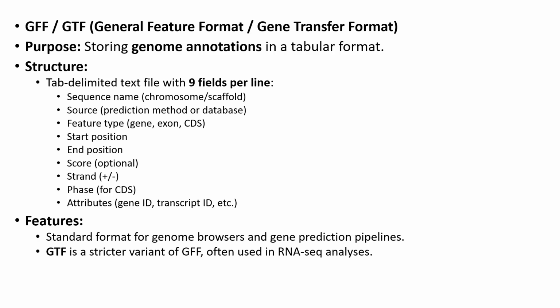All of these are stored in table form. Features include being a standard format for genome browsers and gene prediction pipelines. GTF is a stricter variant of GFF that is also used in RNA sequence analysis.